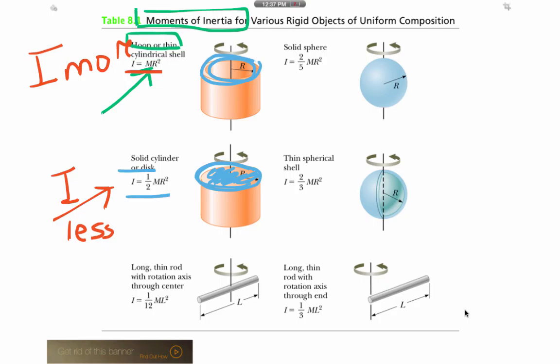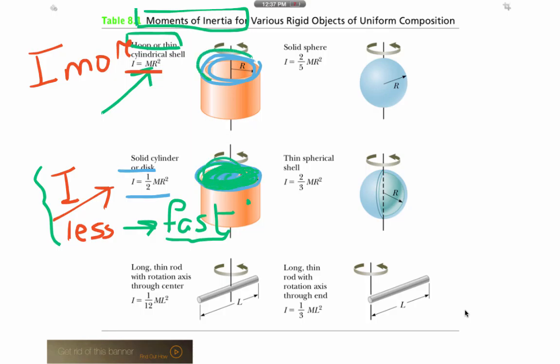And since I know that this I is less, this means that this is going to be fast, because I means resistance. And if there is low resistance, the object will be fast. So this disk will be faster in rotation than this ring. And this omega will be less, which means it will be less fast than the disk.